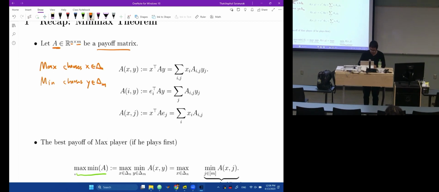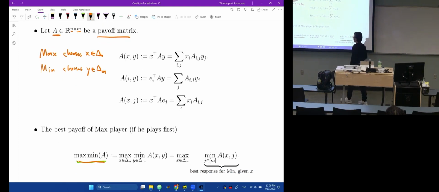The maxmin of A is the best payoff that the max player can get if he is forced to play first, and it's defined to be max over x of min over y of A(x,y).